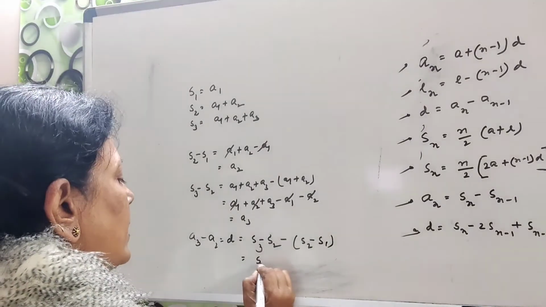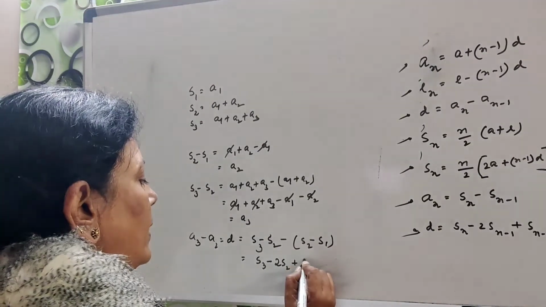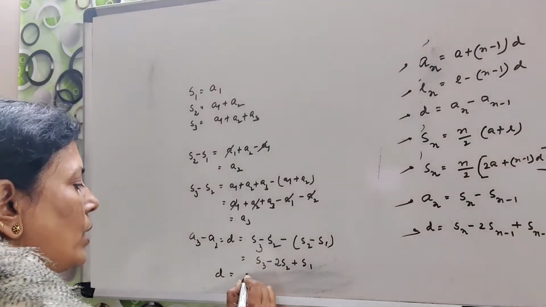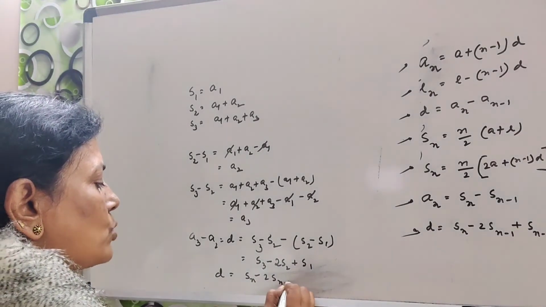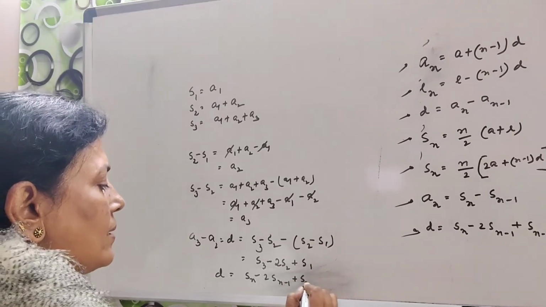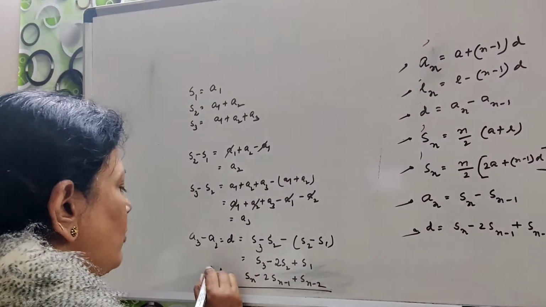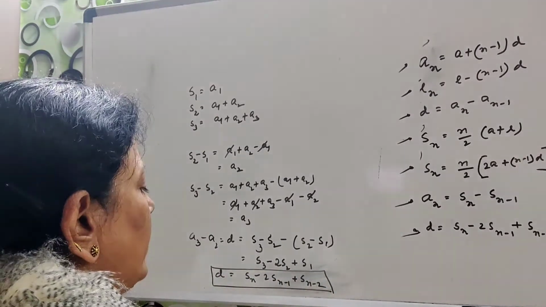Or we can write S3 minus 2S2 plus S1. So generally we can write D is equal to Sn minus 2Sn minus 1 plus Sn minus 2. This is the general formula of the common difference from the summation of n terms.